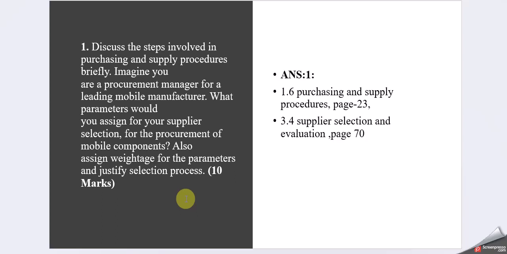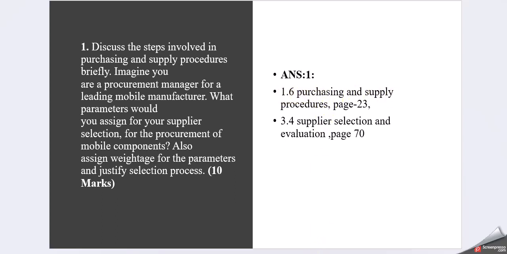Let us see how we can find the solution in the book given by NMIMS. First, we can go ahead with the steps involved in purchasing and supply chain procedures briefly. That is in the first chapter, subheading 1.6, purchasing and supply chain procedures.